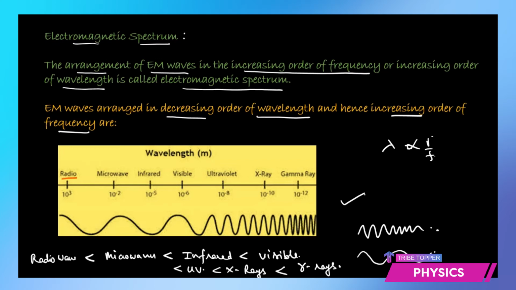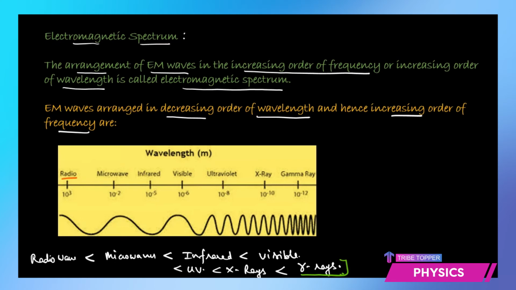If the exam question is about increasing order of wavelength, just reverse this order. Start from gamma rays, which have the least wavelength, and radio waves have the maximum wavelength.